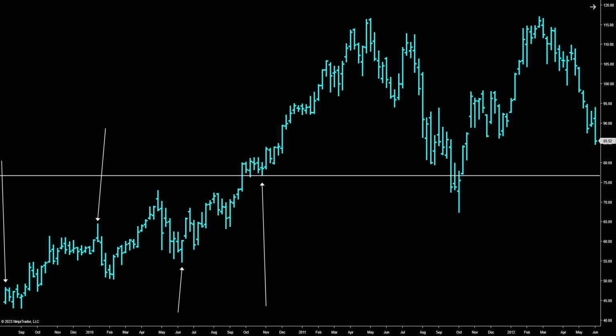Late October of 2010. Now I drew that white line in there because I wanted you to see that it was going sideways and then you went up. So it's not always a massive higher low. It's a trend change.